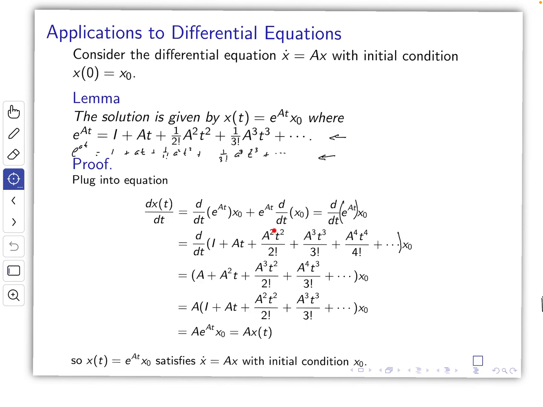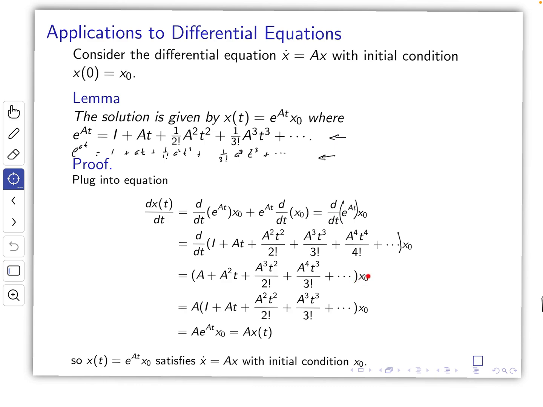The derivative of a squared t squared over 2 factorial: a squared is a constant, 2 factorial is a constant, so it's the derivative of t squared, which is 2t. So we get a squared t times 2 over 2 factorial, and then the derivative of the next term will be a cubed t squared over 2 factorial, because the 3 comes down and cancels out, etc., times x naught.